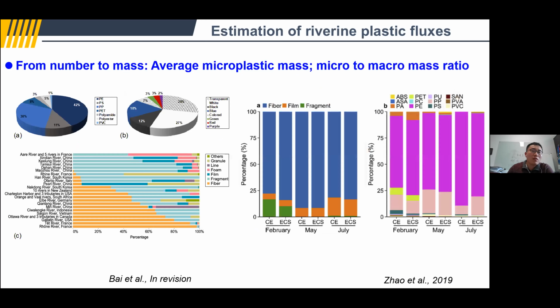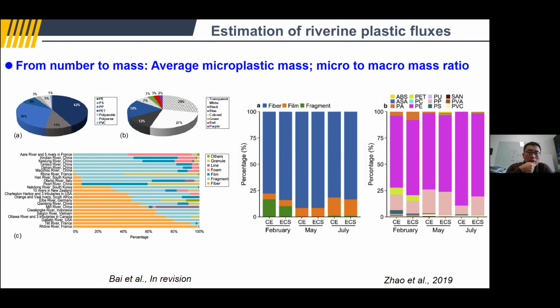The second one is about the conversion from number to mass, the mass problem of microplastics in rivers. I reminded you of this at the very beginning of the slide. Here are two studies. One is a summary of the microplastic composition, both chemical composition and shape composition. We can see that in most studies fibers are the dominant type of microplastics in river samples.